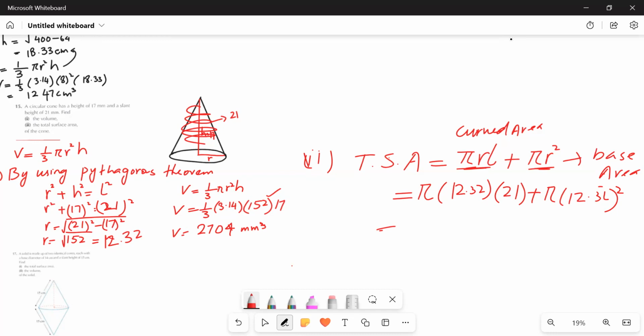So after calculation, it is pi times 12.32 multiplied by 21. I am taking the pi outside. So it is 258.72 minus 12.32 square, which is 151.78.